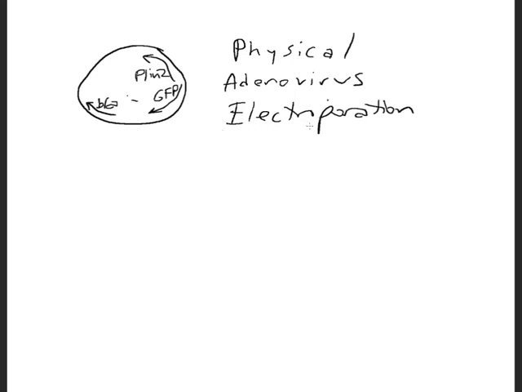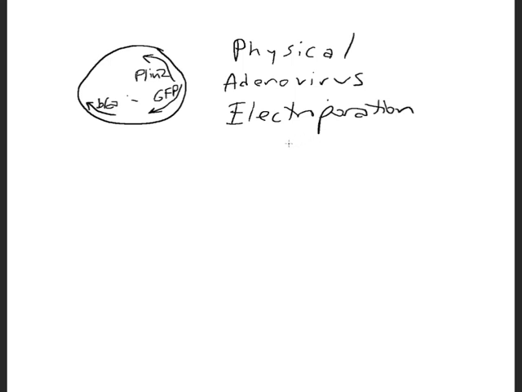Now, this really only works well if you have a large grouping of cells, especially when you're dealing with embryos and you have a three-dimensional embryo. That's when this becomes really useful. But when you're dealing with adherent cells or even suspension cells, it's a little more difficult to get the DNA to sit on one side of the cell and actually pass that electricity through them.